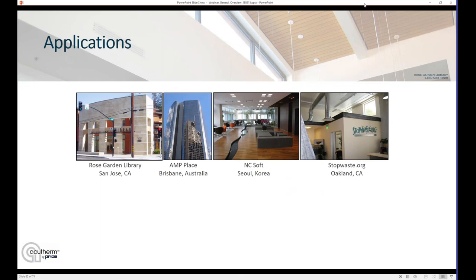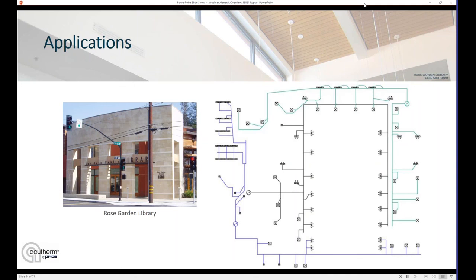So taking those few design principles, let's take a look at a couple of applications and how they've been applied. So this is a library. The zoning in this building was done using multiple air handling units or multiple rooftops in this case. And what that really meant was no need for reheat. So there's a zone on the left bottom of this drawing. There's another zone on the top right and a third for the interior. And the nice thing there, as I mentioned, no need for reheat.